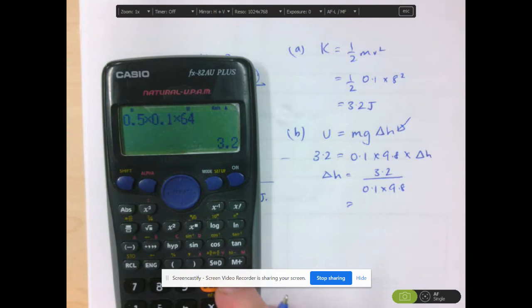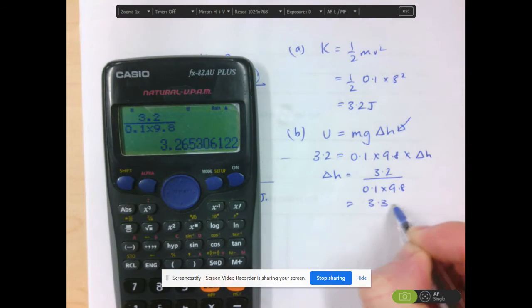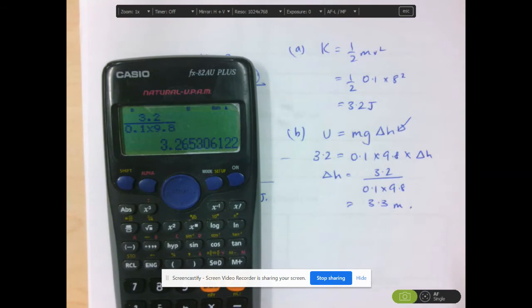Calculating that, it's 3.26, so let's just say it's 3.3 meters in height, close enough.